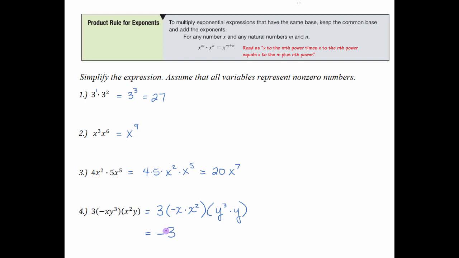Remember, we already took care of the negative here, so it's just an x times x squared is x cubed, because remember, this is an x to the 1. Again, over here, this is a y to the 1, so it's y cubed times y to the 1 is y to the 4th. You're adding those exponents if you're multiplying numbers of the same base.